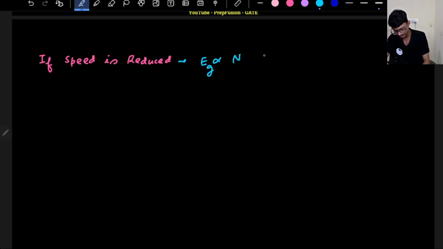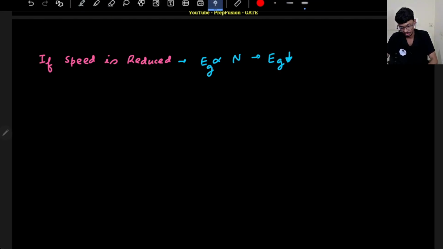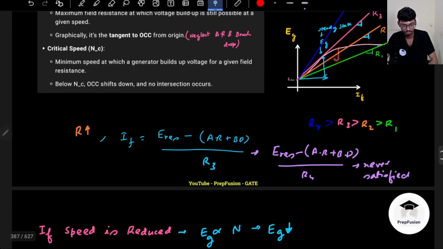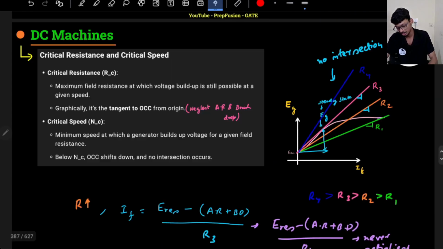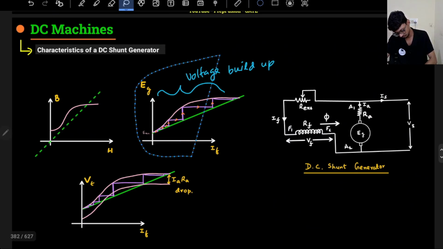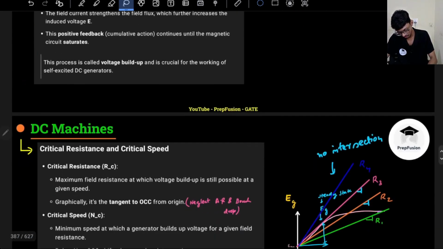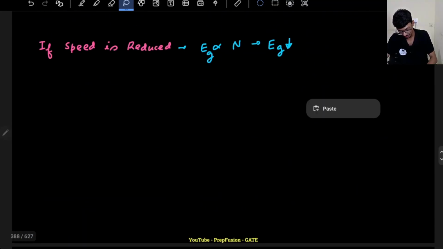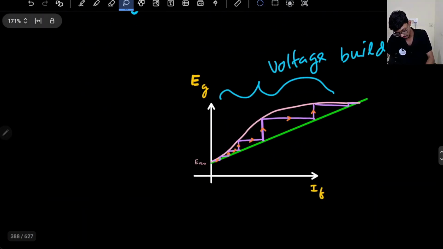So EG will reduce. If EG reduces, the graph will shift downwards, right? Generated voltage will shift downwards. So if I copy this graph again, although my resistance is some value less than the critical resistance, the graph will shift down. So if the graph shifts down, voltage buildup will again fail.